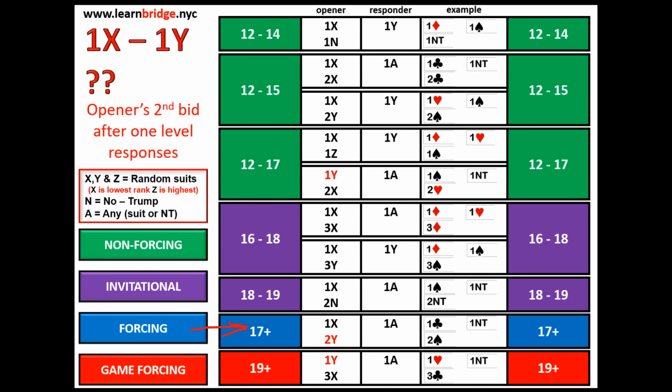This is a lower ranking suit, an X, followed by anything, one no trump, one spade, and then a higher ranking suit at the two level. And this is what's called a reverse, folks. It always shows 17 or more points. Could be kind of a very shapely 16. Use your judgment here, but it's a very good hand, which is why it is forcing for one round.